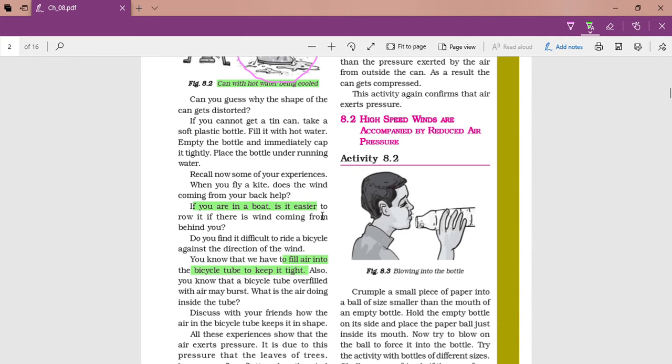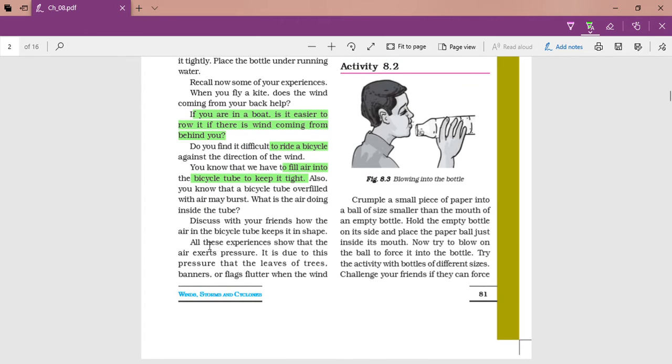Similarly, it is difficult to ride a bicycle against the direction of the wind. All these experiences show that air exerts pressure. It is due to this pressure that the leaves of the trees, banners or flags flutter when the wind is blowing.